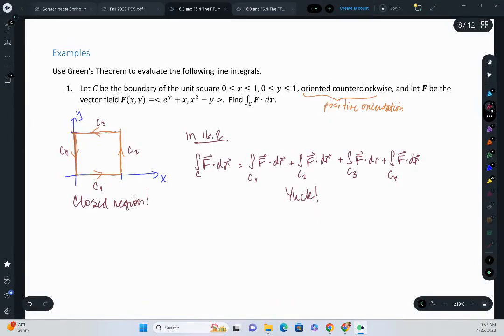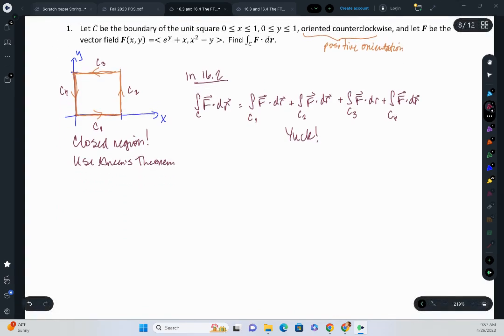So I want to use the fact that I have a closed region. I'm going to use Green's theorem. Not to mention, I was told to use Green's theorem in the directions, but the reason is because we have the closed curve. All right, so remember Green's theorem: the line integral over C of F dot dr, which we know to be the line integral over C of P dx plus Q dy, is now going to be equal to the double integral over D of del Q del x minus del P del y dA.